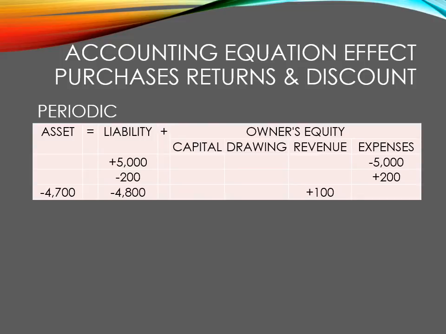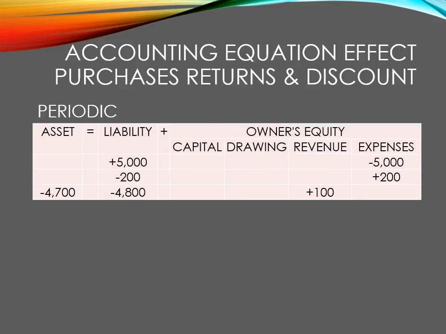And when you pay the supplier and you receive the discount from the supplier, it means you fully settle the debt to the supplier. So you will deduct 4,800 ringgit for full settlement, after taking into account the purchases returns.